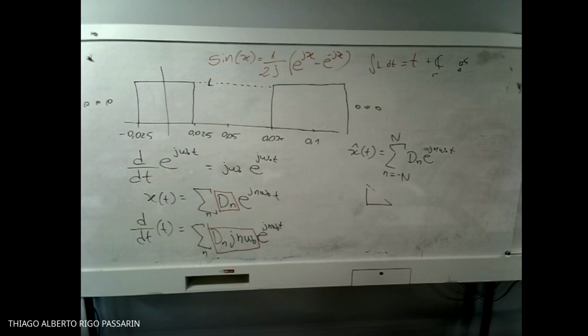I'm calling it Cn. D is my array of coefficients dn, then I'm multiplying by j n omega 0. Control enter. Here it is.